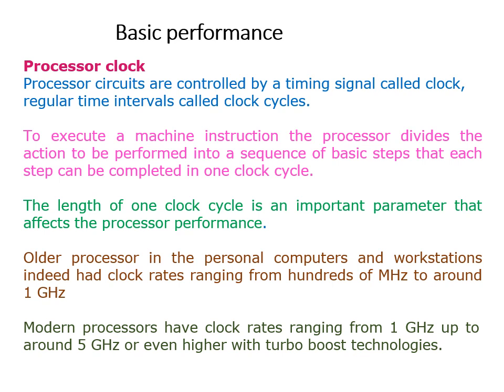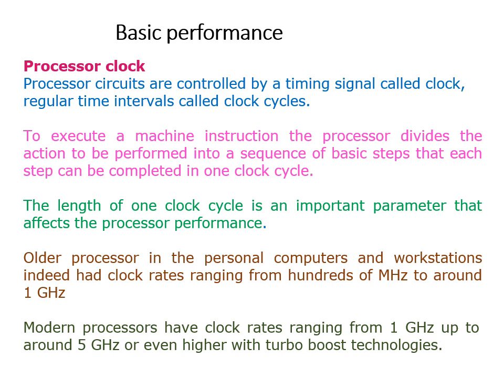To execute a machine instruction, the processor divides the action to be performed into a sequence of basic steps, so that each step can be completed in one clock cycle, and the length of one clock cycle is an important parameter that affects the processor performance.